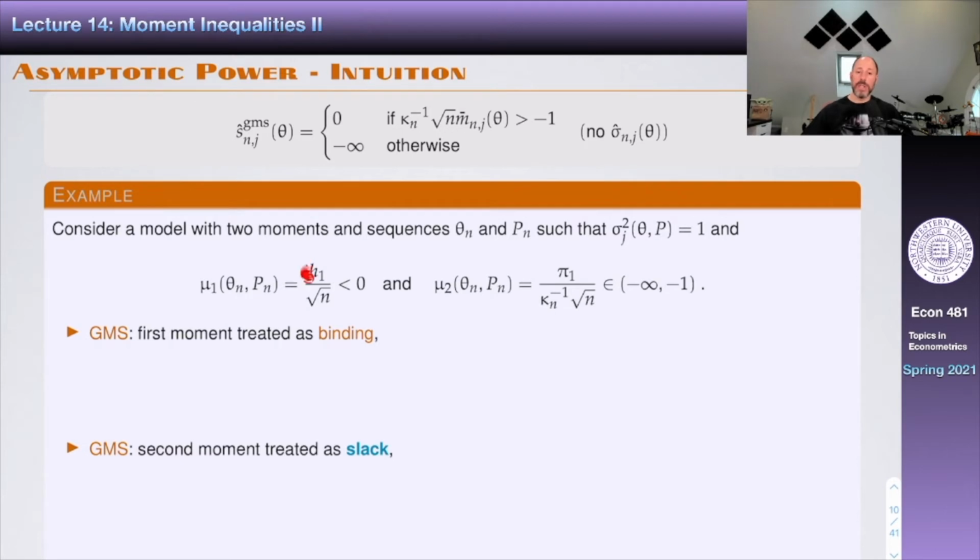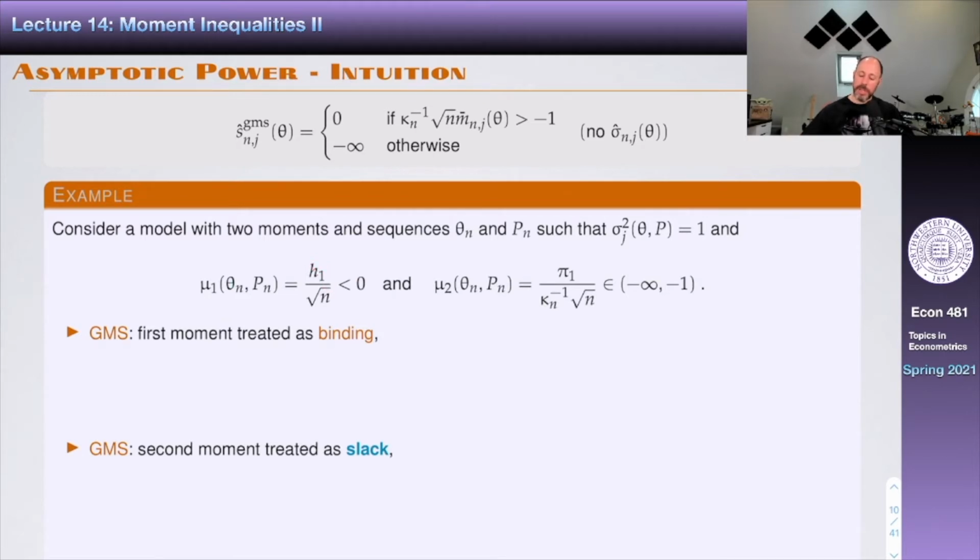So it's locally 0. The larger the sample size, the closer this is going to be to 0, okay? And for all practical purposes, we will imagine that methods are going to confuse a moment like this that is negative but very close to 0 with something that is binding.